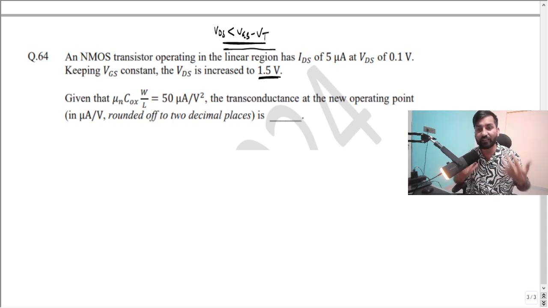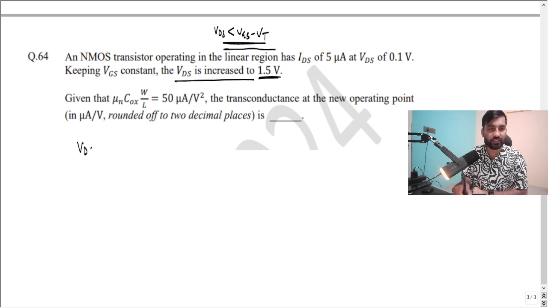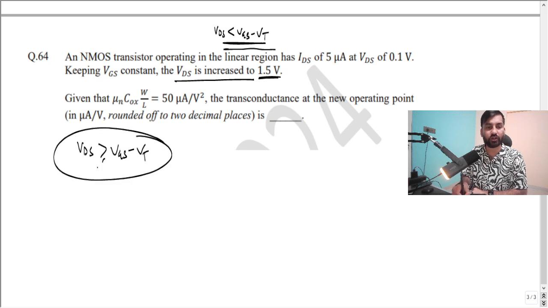So what is our first job? The first job is to find VGS minus VT, and then compare it with the given VDS that has been increased to 1.5. If the new VDS is greater than or equal to VGS minus VT, then our transistor will be in the saturation region.